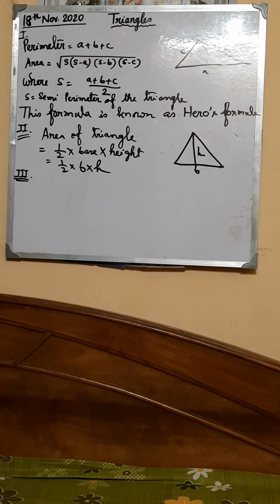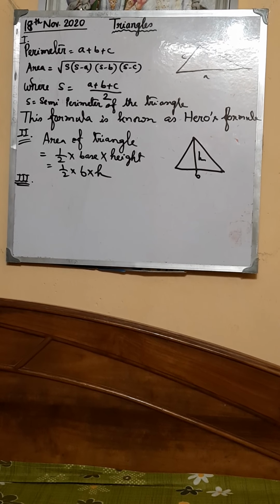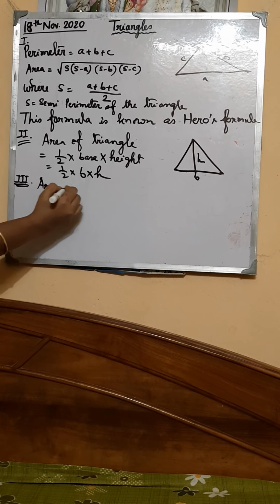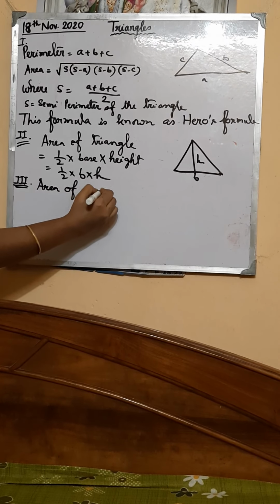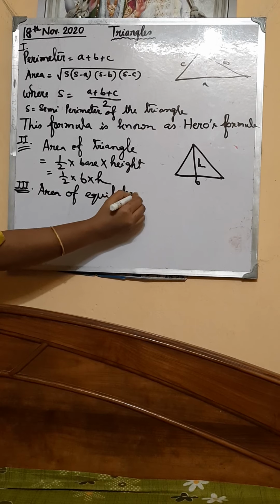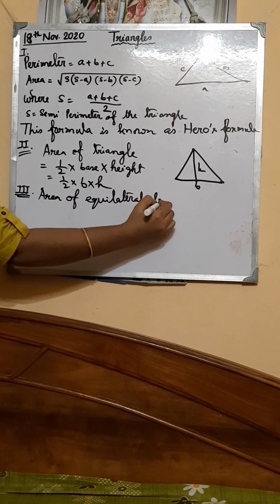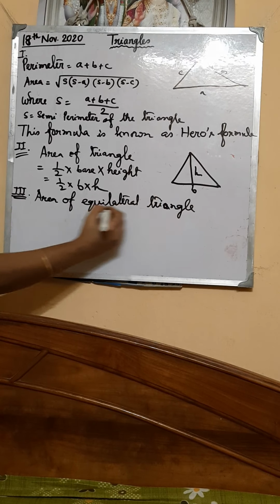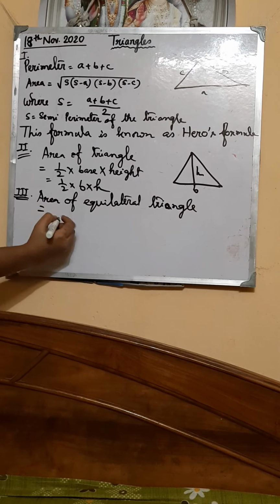Now, next one is area of an equilateral triangle. Equilateral triangle means where three sides of a triangle are equal. So, area of equilateral triangle is equal to what?